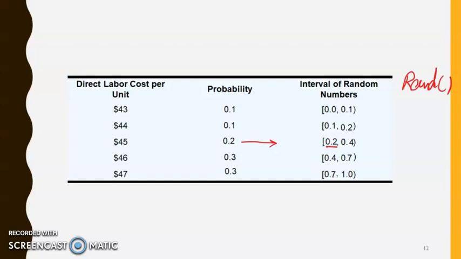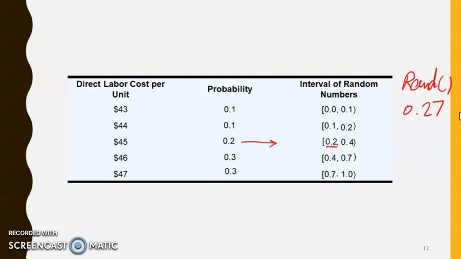Okay, let's generate a random number. For example, I run the command and the random number that I get is 0.27. What is the related value?